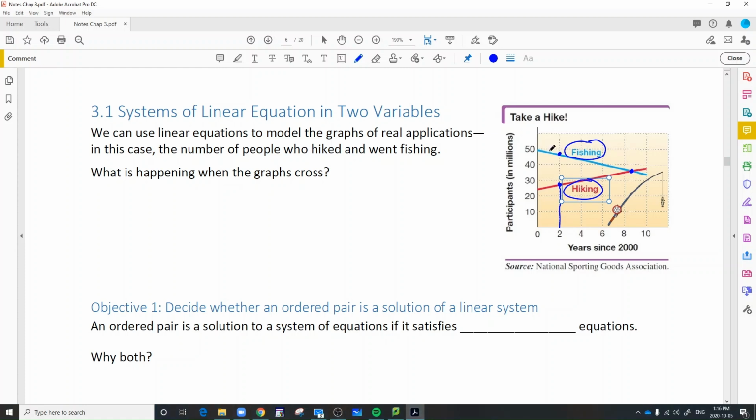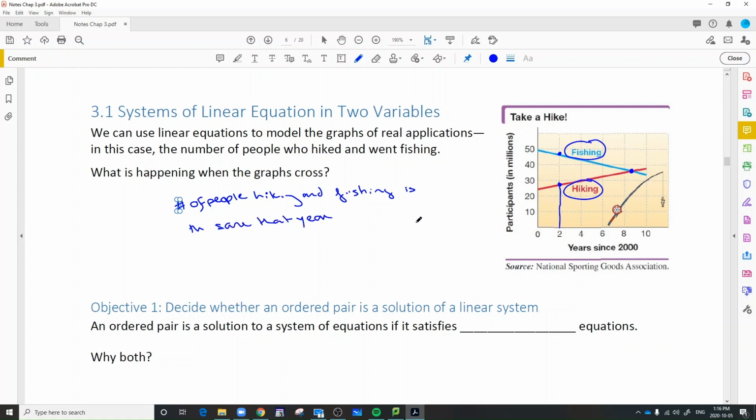But then the number of people fishing was declining. It had a negative slope. And the number of people participating in hiking over time is increasing and has a positive slope until eventually here they meet. So when the graphs cross, the number of people hiking and fishing is the same that year.